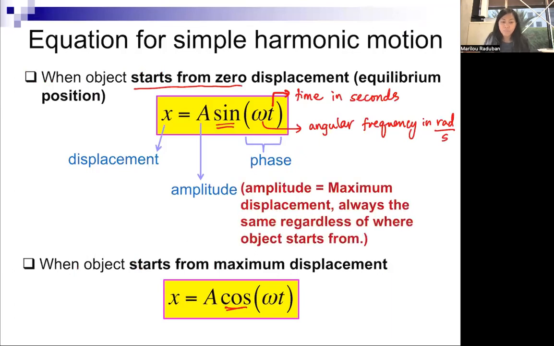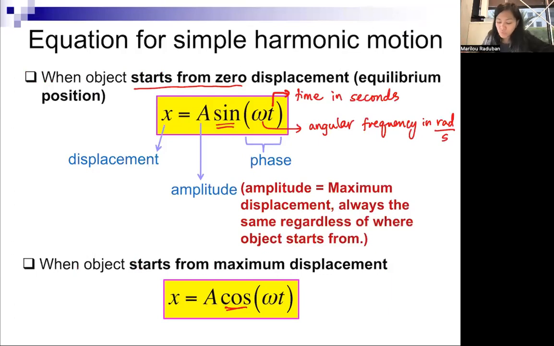Okay. So amplitude, we've seen that as the maximum displacement, and it's always the same regardless of where the object starts from. So regardless of whether the object starts from zero displacement or from the maximum displacement, the amplitude A will still be the same. It's how far, right? So in my illustration here, it's how far you initially displace your object from the original position.